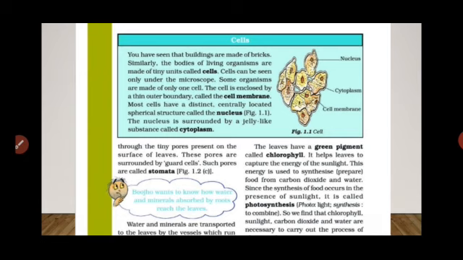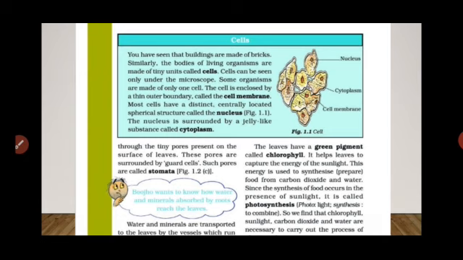But plants and animals also need cells. If there are no cells, we can't live, because all of our body parts are dependent on cells or made up of cells. So let's know about the cells.